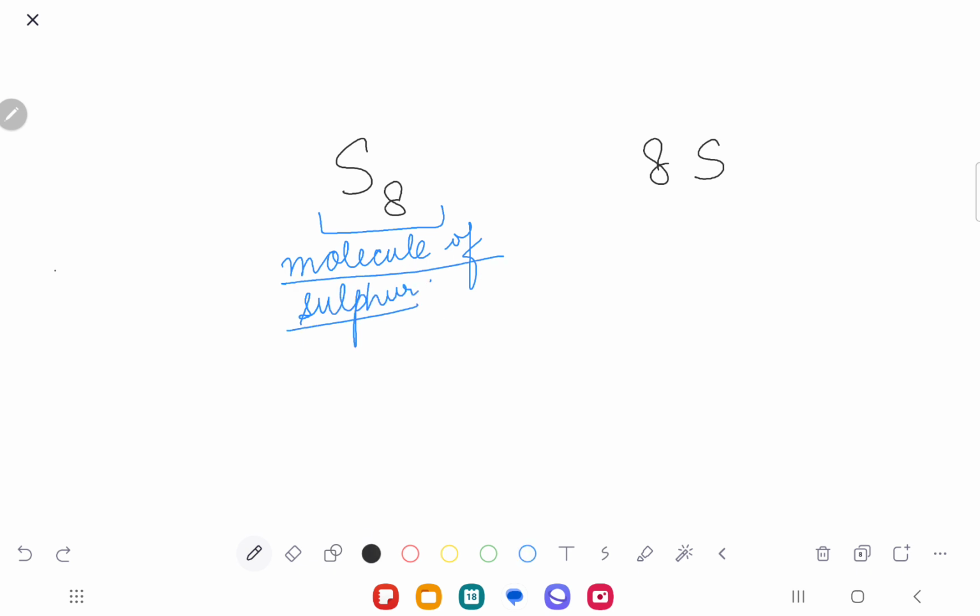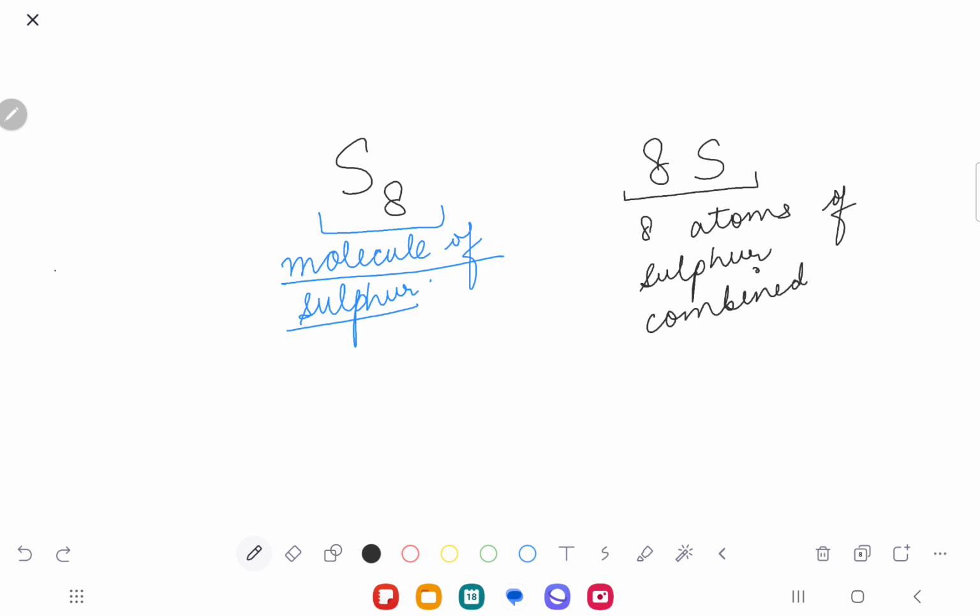A molecule of sulfur. And here S8 means what? 8 atoms of sulfur. So basically, 8 atoms of sulfur combined, not separate.